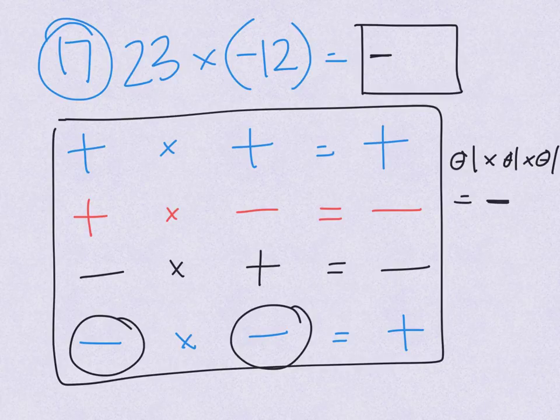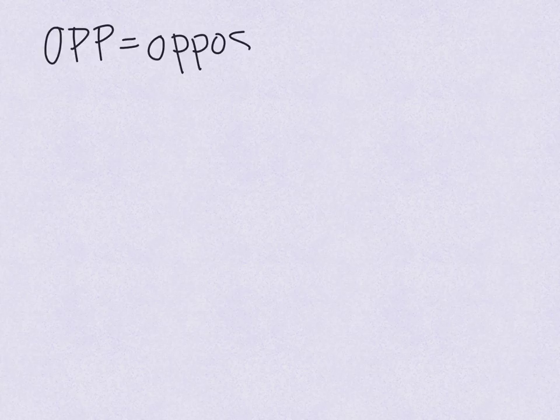So make sure that you're taking those things into account as well. Looking at our last page, I'm going to skip past 25 through 28. Remember, OPP simply means opposite. So if you have a positive number, the opposite would be negative. If you have a negative number, the opposite would be positive. So you know how to do that.